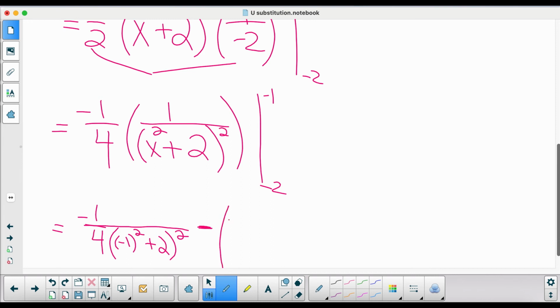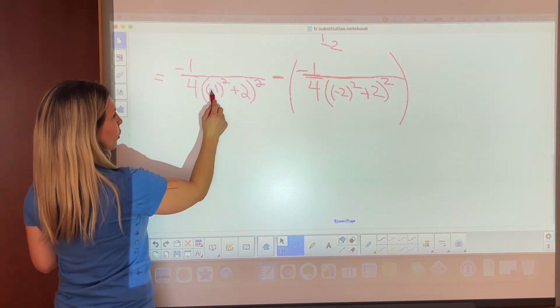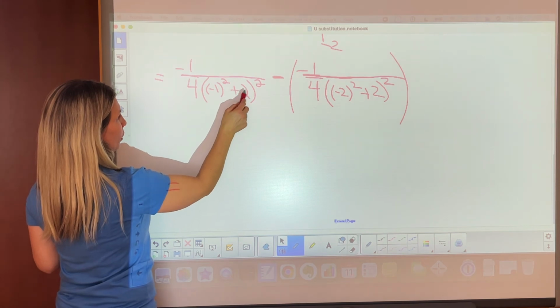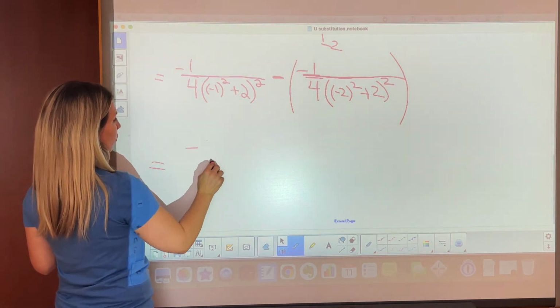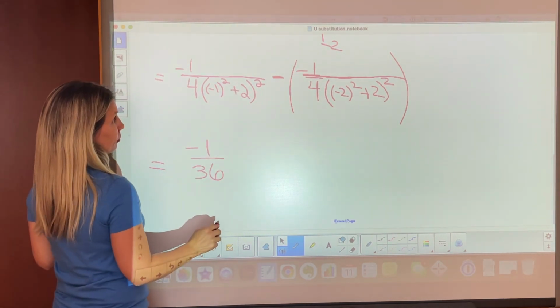Don't forget this had a -1/4 on it. Again, I'm going to write it as one fraction here. We had x squared, so we have a -2 squared plus 2. That whole quantity is squared. So, -1 squared, 1 plus 2 is 3. 3 squared is 9, so this is -1 over 36.